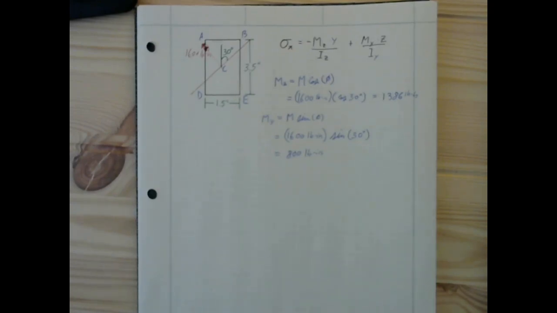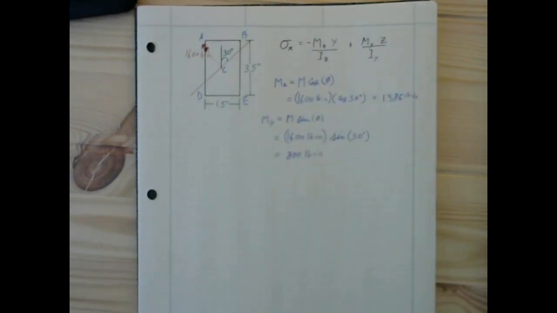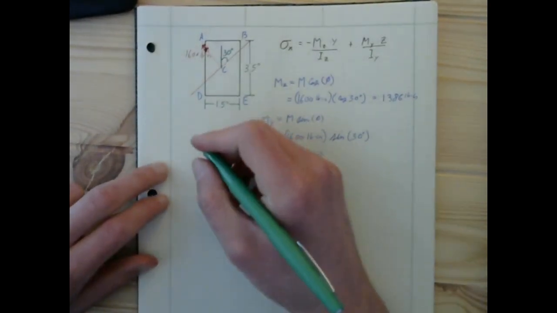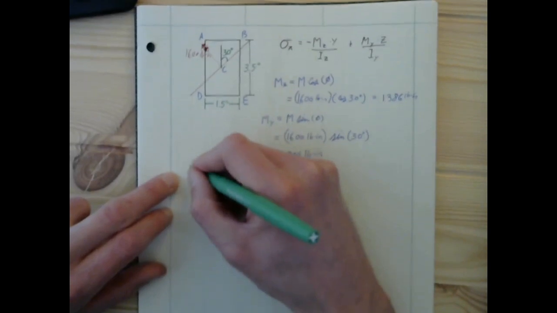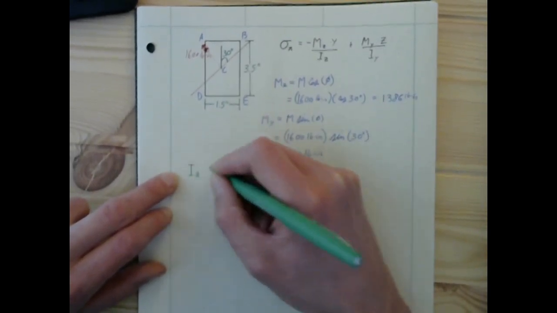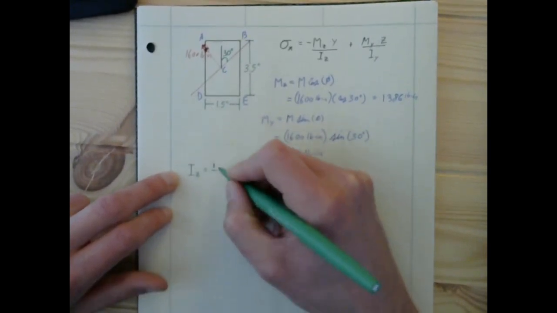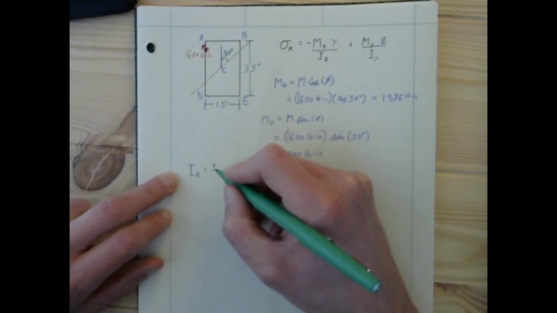We're also going to need our second moments of inertia, right, if we were going to use this equation. And I meant to color code, but I'm not going to retake this. So I about z, we've got a rectangle, so we can use 1/12 base times height cubed.